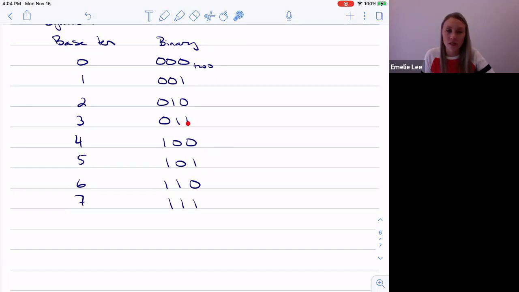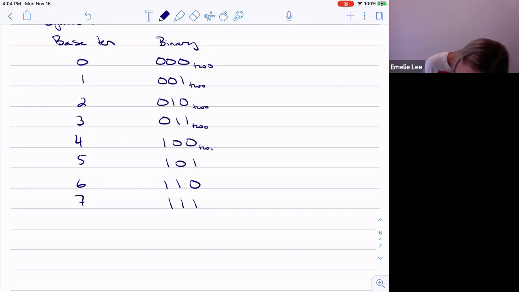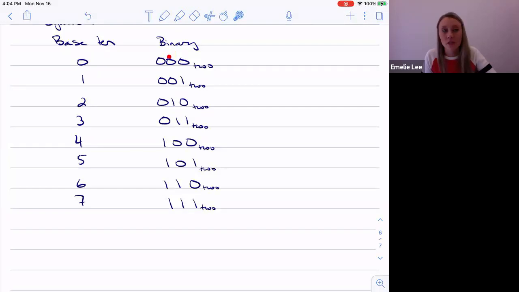So together it makes 3. 2 plus 1 is 3, right? So you can convert each of these back from base 2 to base 10, right? But because we said binary up at the top, we don't have to do that. But it's just a good reminder.